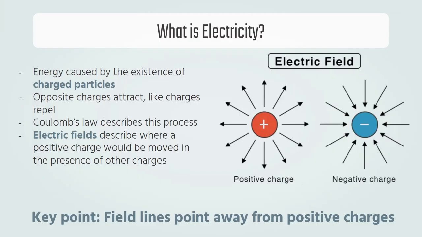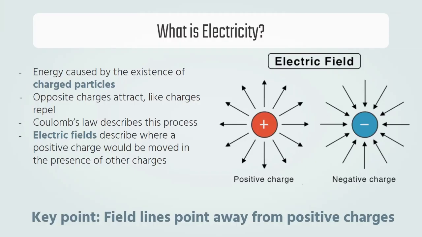But for our purposes, an electric field describes where a positive charge moves in the presence of other charges. And so notice it's where a positive charge would be moved, okay? So we draw electric field lines going away from positive charges and into negative charges, right? And again, the goal is just to describe where a positive charge goes, okay?